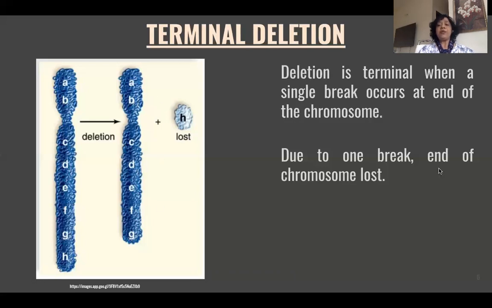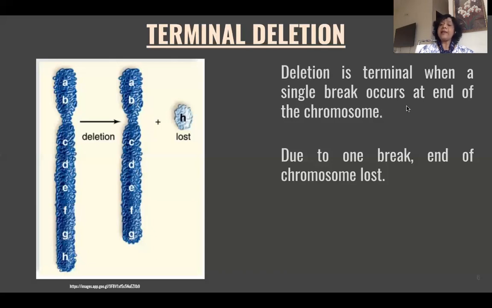Now, just to repeat, we can say that deletion is terminal when a single break occurs at the end of the chromosome. What is important over here is the word single break. A single break occurs.